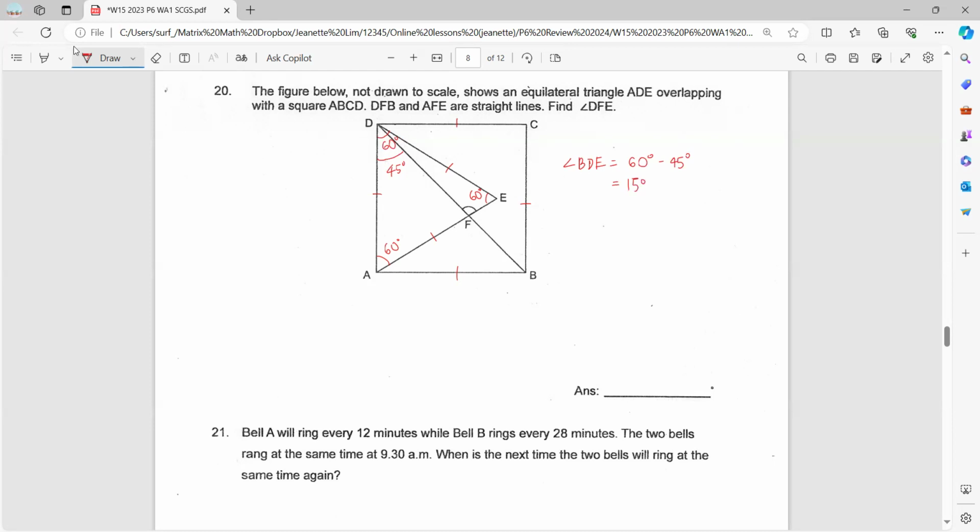Now we look at this triangle, in order to find our angle DFE. Angles in a triangle, 180 minus away this 15, minus away 60, is 105 degrees.